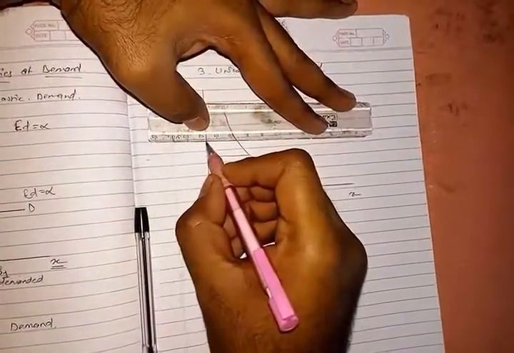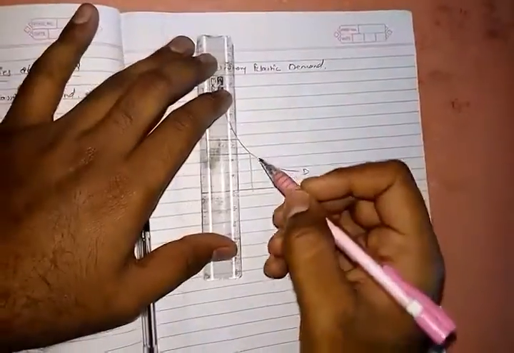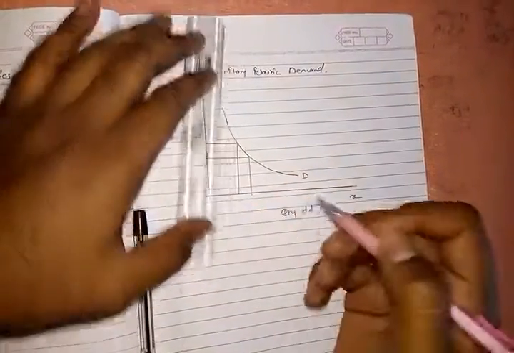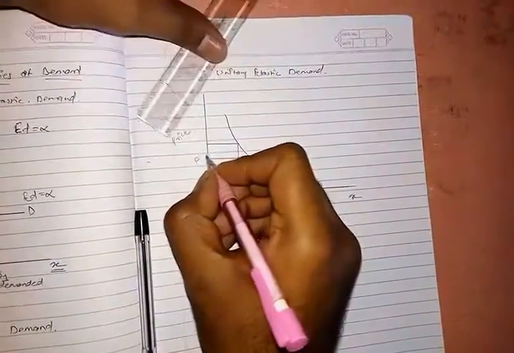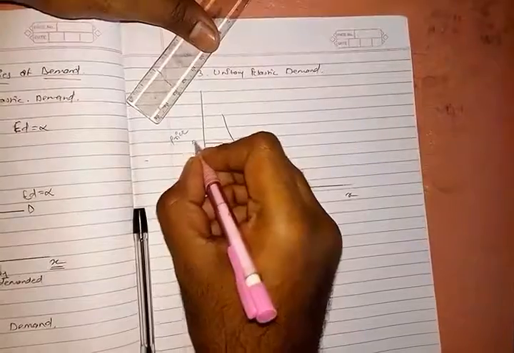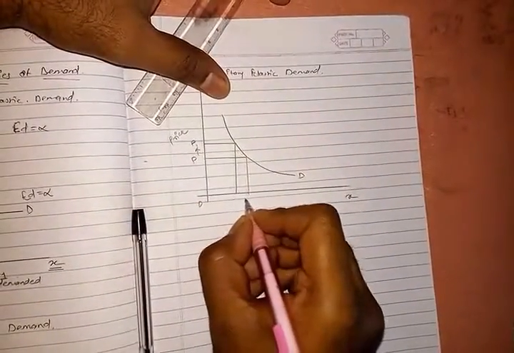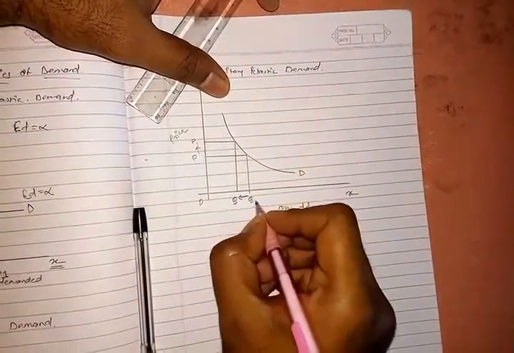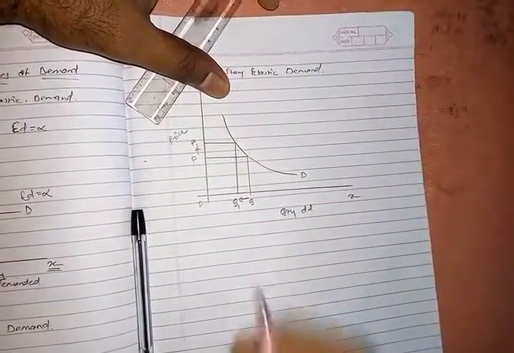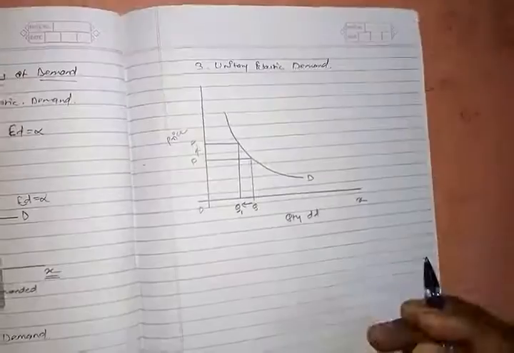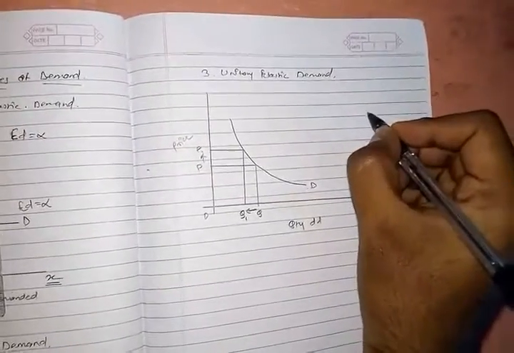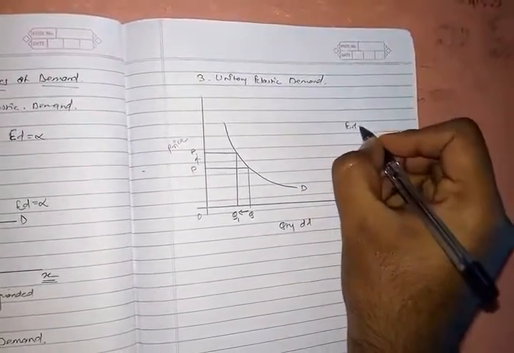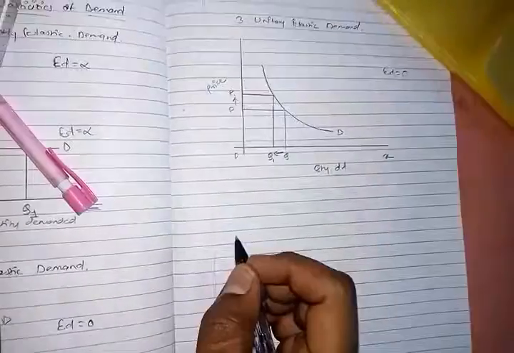For example, if price is increased by 50%, the demand is also decreased by 50%. If price increases from P to P1, quantity demanded decreases from Q to Q1. It can be shown symbolically by elasticity of demand equals 1.